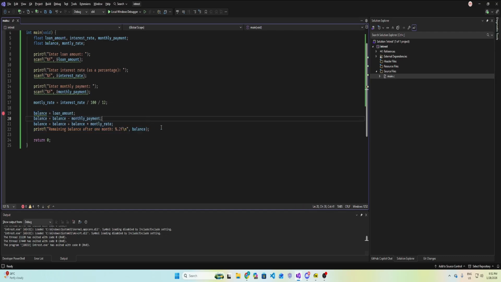Then we don't do balance is equals to loan amount again, but we do basically the same.